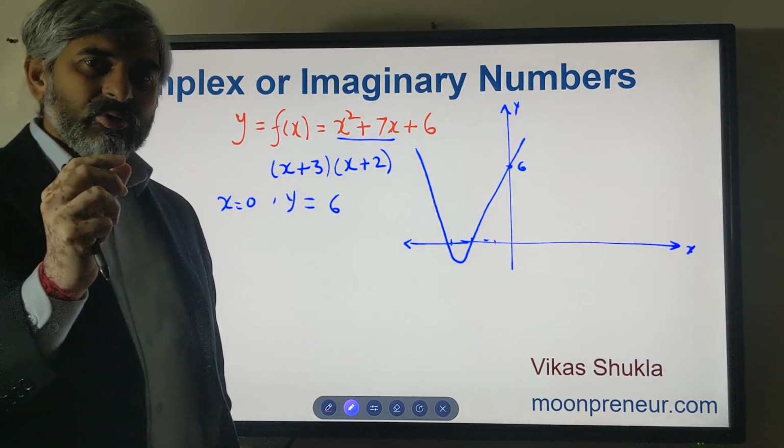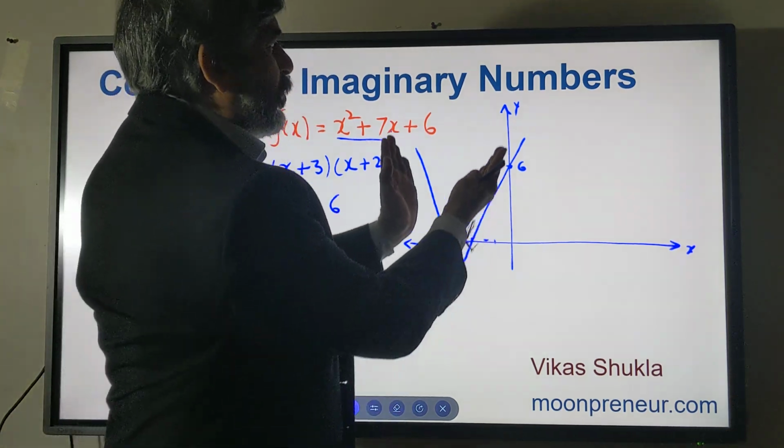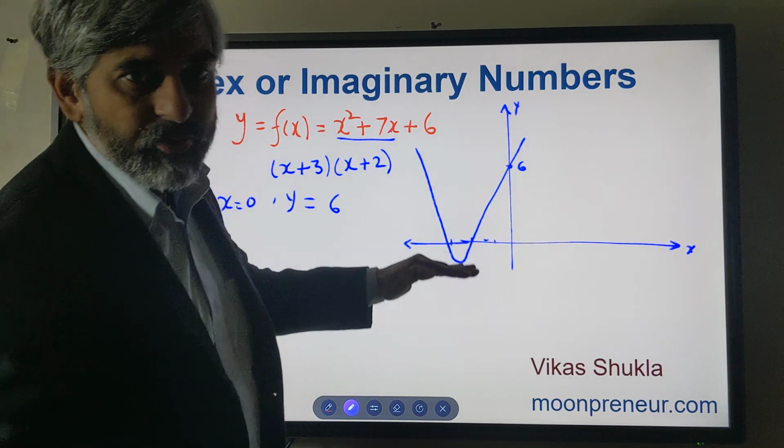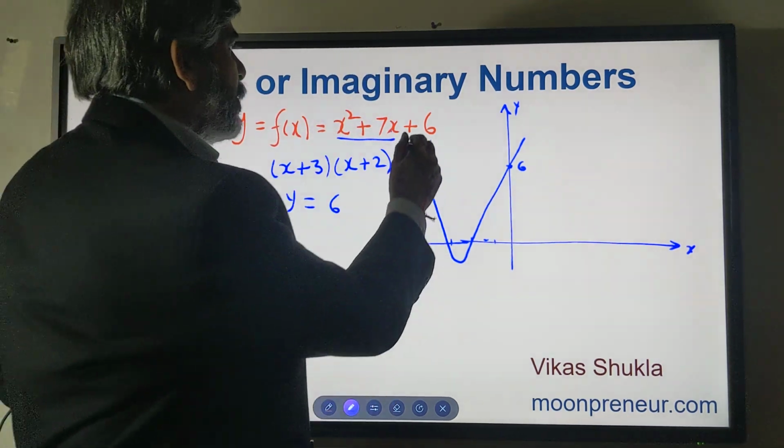Now what I'm going to do is lift this whole parabola up, moving it upwards. One way to move the parabola upwards is by increasing this number 6 here.